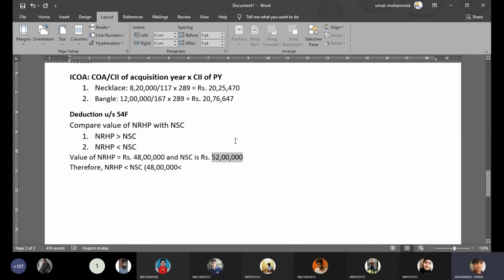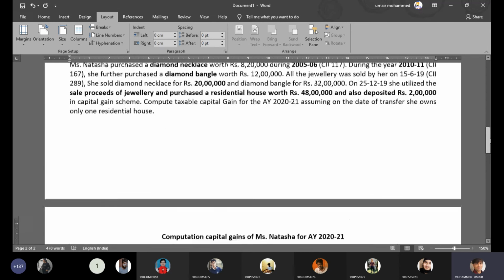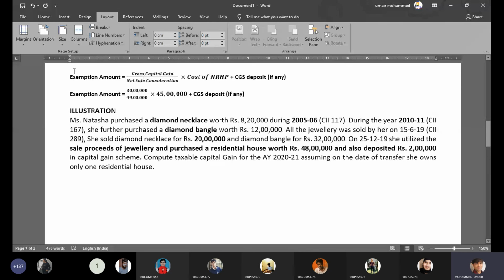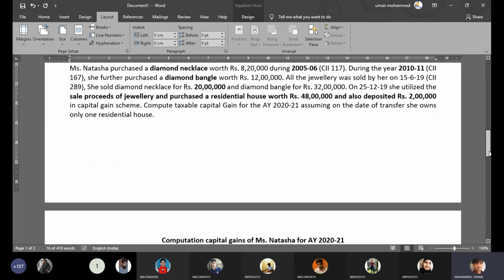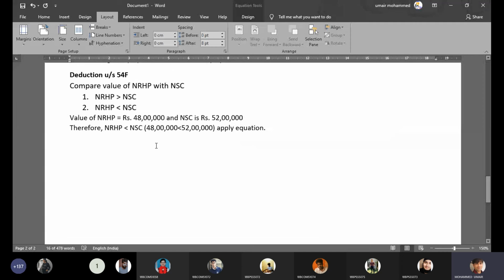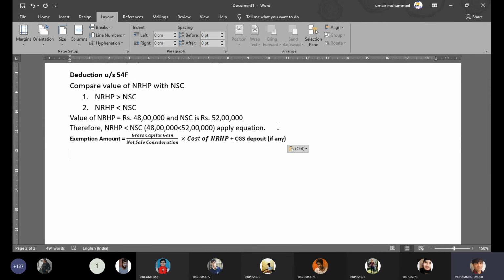So therefore, use the equation. Let's apply the equation now, same as what we have here.